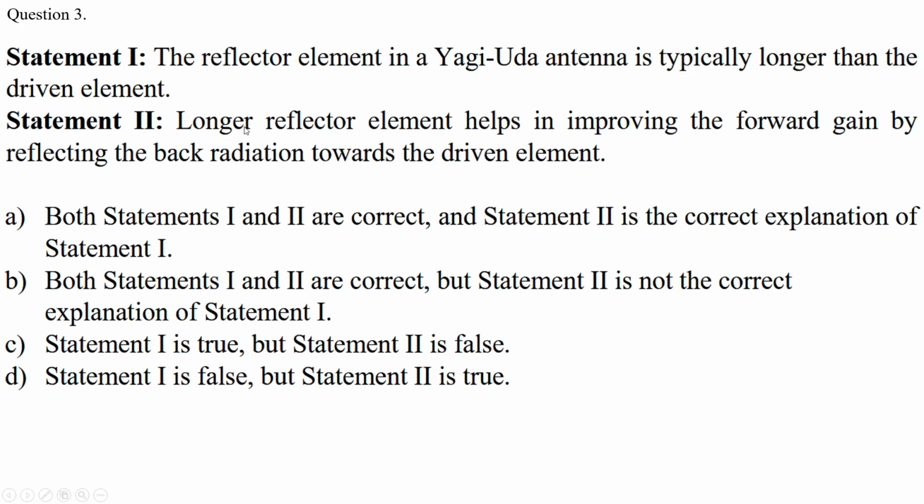These two statements are regarding the Yagi-Uda antenna. I explained that the longer reflector element helps in improving the forward gain by reflecting the back radiation towards the driven element. That is the reason why the reflector element in a Yagi-Uda antenna is typically longer than the driven element.